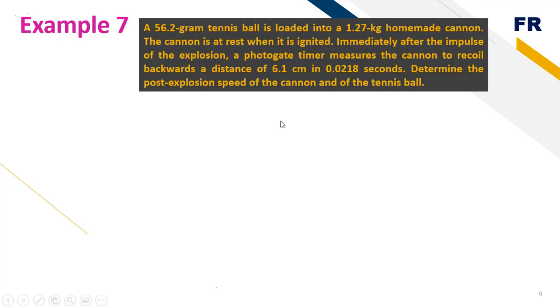Immediately after the impulse of the explosion, a photogate timer measures the cannon to recoil backwards a distance of 6.1 centimeters in 0.0218 seconds. Determine the post-explosion speed of the cannon and the tennis ball.